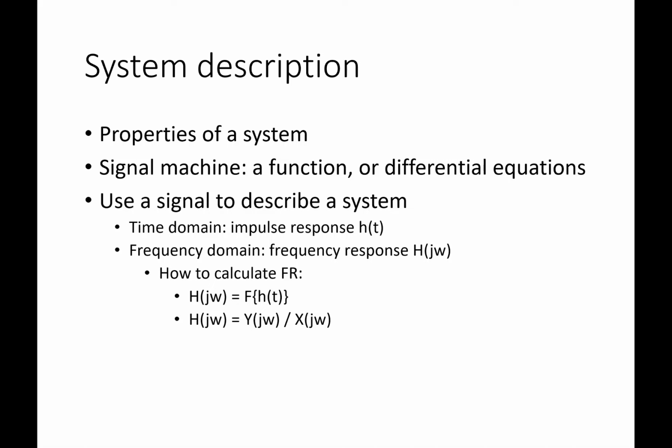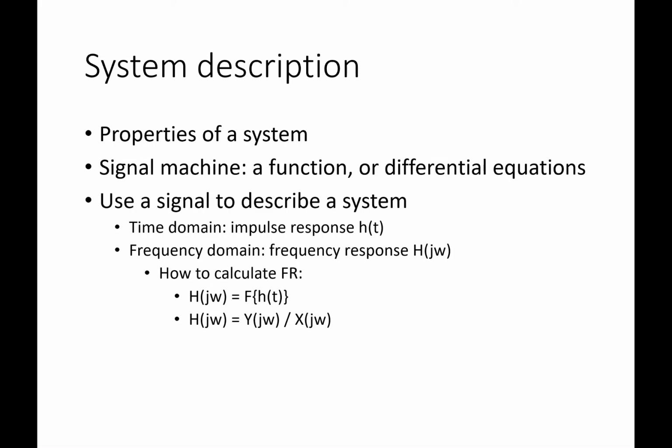These are not a complete description of the system. You cannot recover a system just from its properties, but to describe a system completely, we can use other ways. We can use a signal to describe a system. The signal can be in the time domain and also the frequency domain.